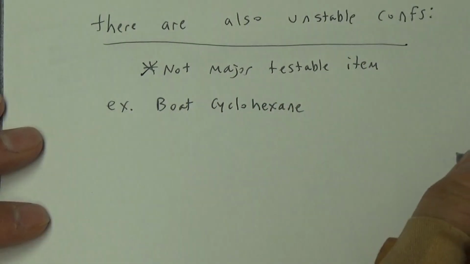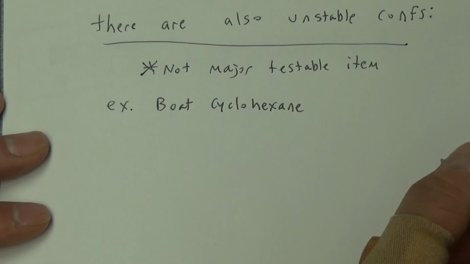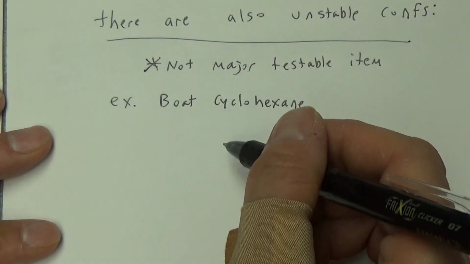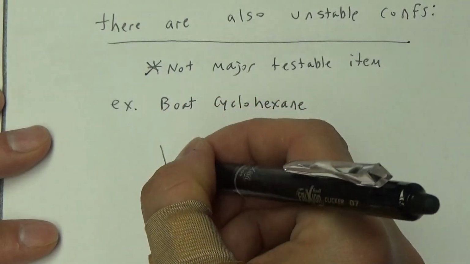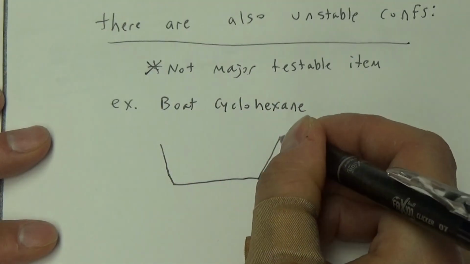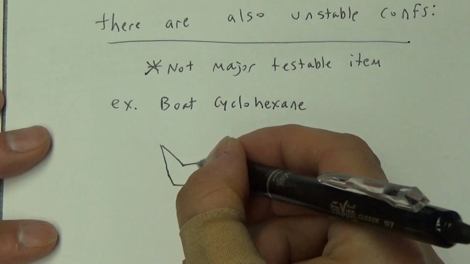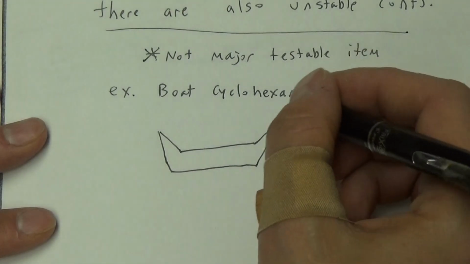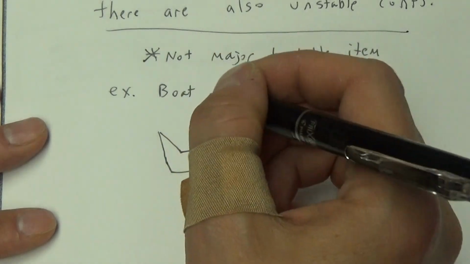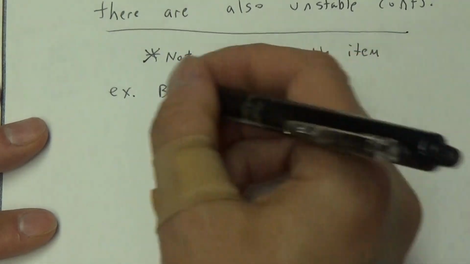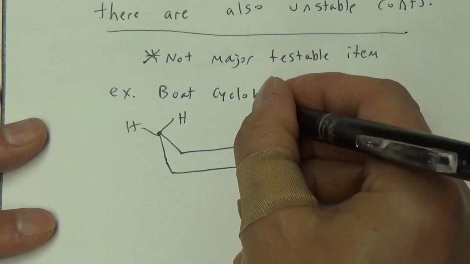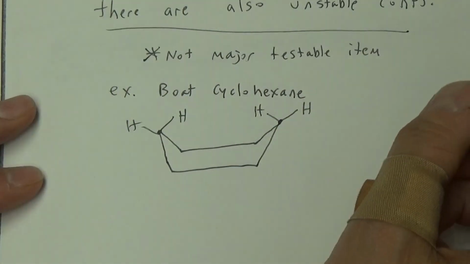So boat cyclohexane is kind of like the extreme intermediate between the two chairs, like the midway point. Okay, and you can draw kind of like this. Looks like a boat, right? Well, that's the middle point, and the CH2s are kind of poking up. You don't really have axial and equatorial anymore.